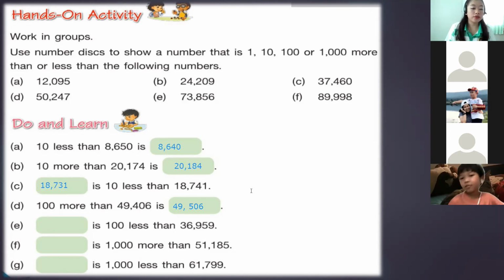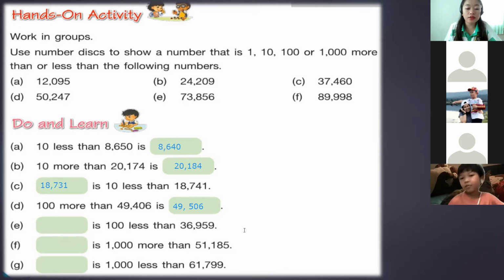Okay, so we have here, blank is 100 less than 36,959. So what number is 100 less than 36,959? So we're going to subtract 100 from 36,959.